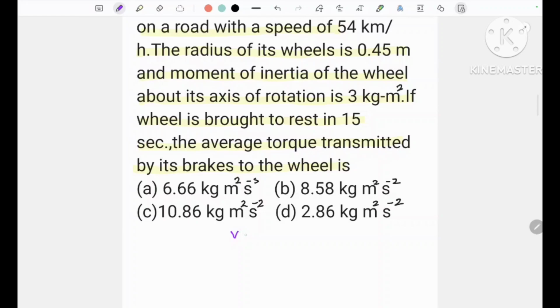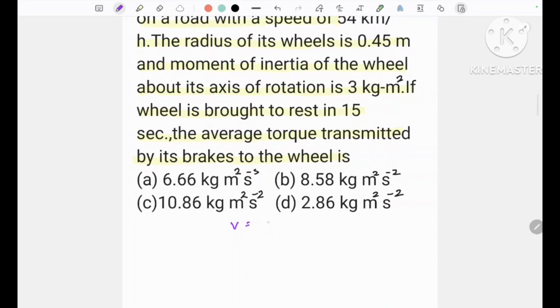Speed of the wheel is 54 kilometer per hour or 54 into 5 by 18 meter per second, 15 meter per second.